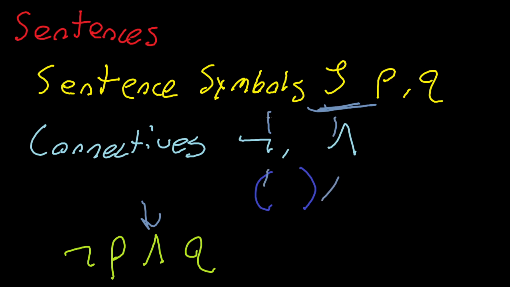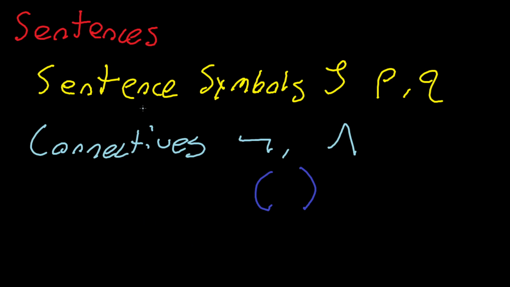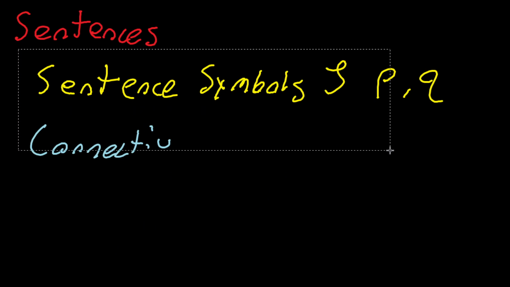That's propositional logic. So now, what we're going to do is come back to sentences, and I'm going to define a sentence, and this is going to be a recursive definition, which makes sense because, right, if you have P, you can make the clause P and Q. But if you also have not P, you could make the clause not P and Q, or you could even have not, P and Q, right? So if you've stuck connectives together, you can always stick more on to make a new sentence.